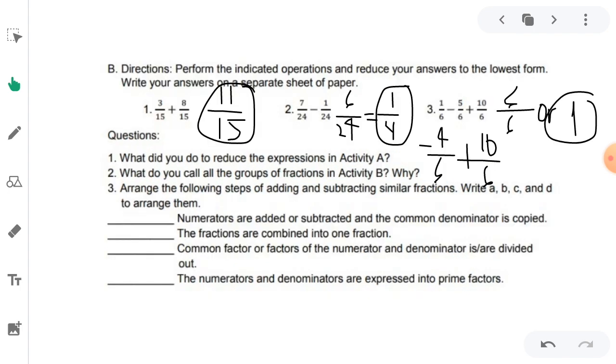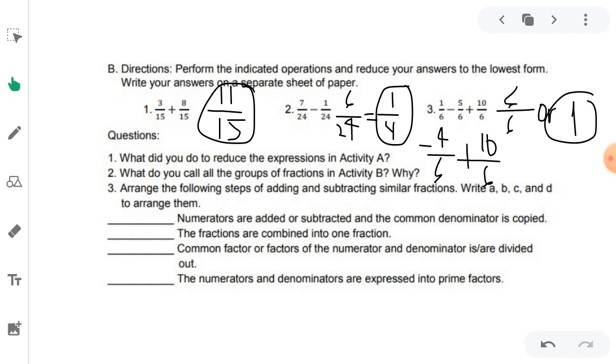We divided out by each GCF, and then we reduced into lowest term until the numerator and denominator do not have a GCF or do not reduce anymore. Meaning, until we get its last reduced form.